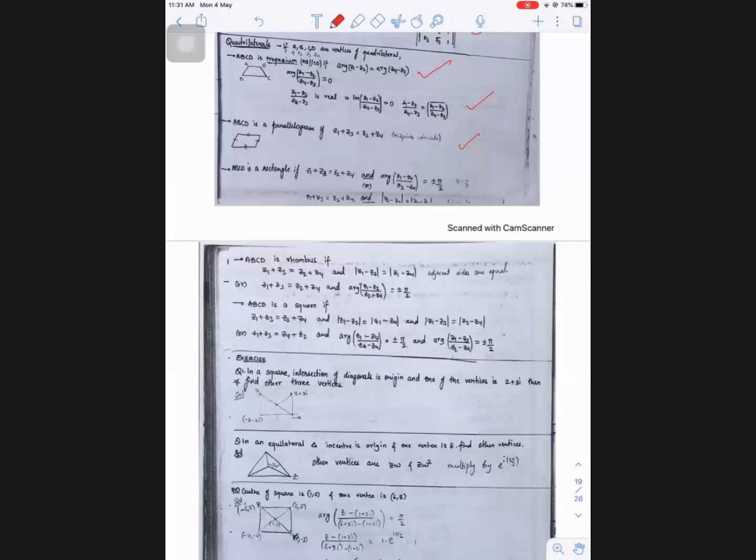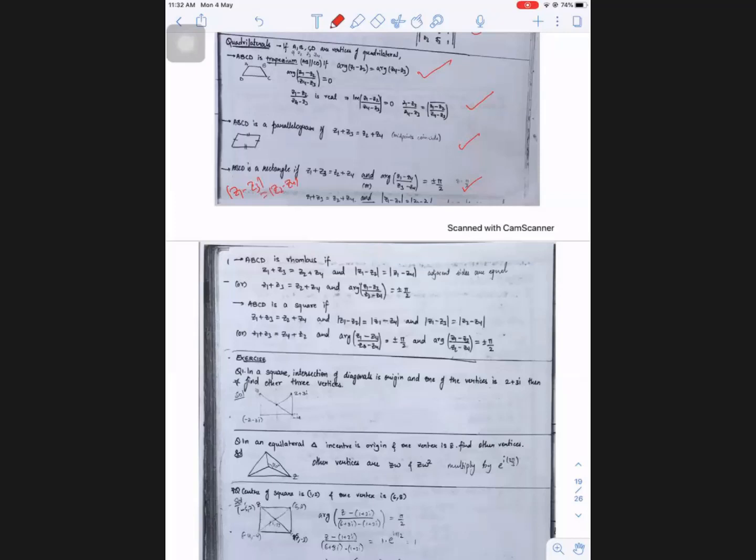So Z1 + Z3 = Z2 + Z4, and the argument of (Z1 − Z4)/(Z3 − Z4) is plus or minus π/2. Or one more idea is that the diagonal lengths are equal: |Z1 − Z3| = |Z2 − Z4|.